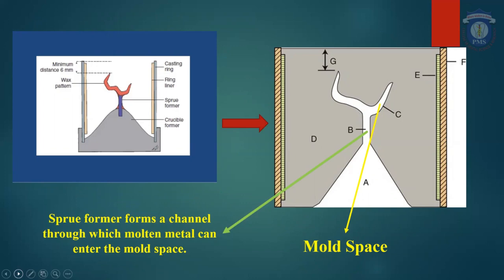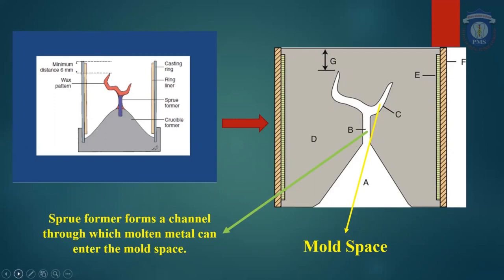Then after that, there is a burnout. While burnout, this wax pattern is eliminated. The wax is lost, and as a result we get a space within this investment material that is of the exact size and shape as that of the wax pattern.